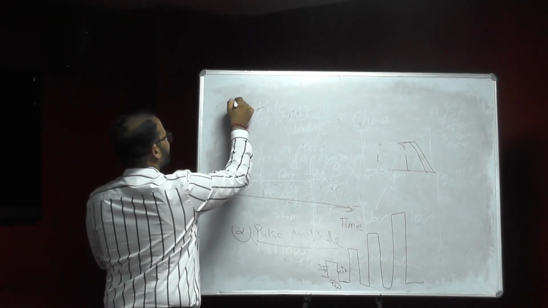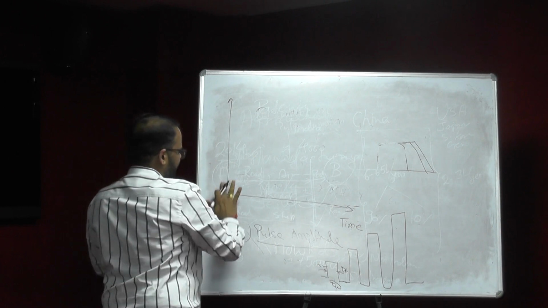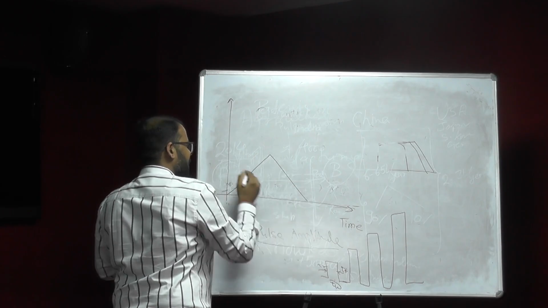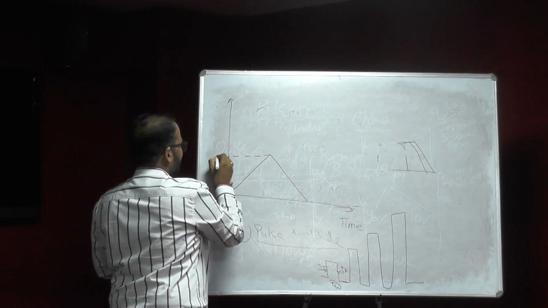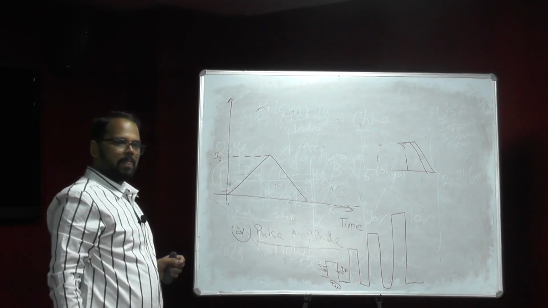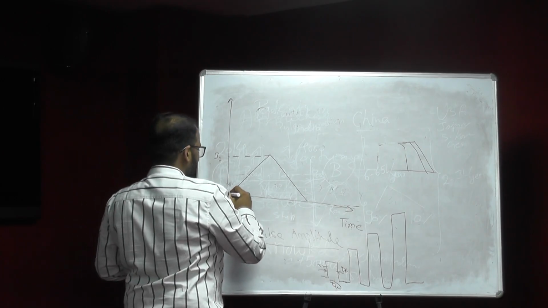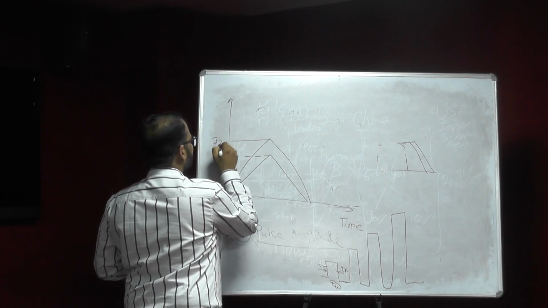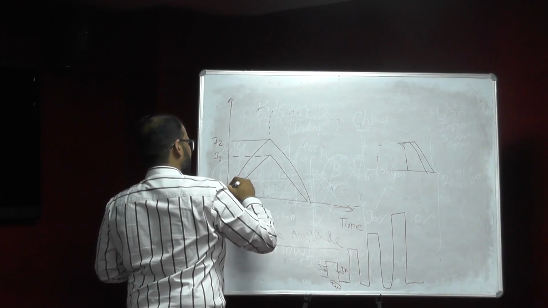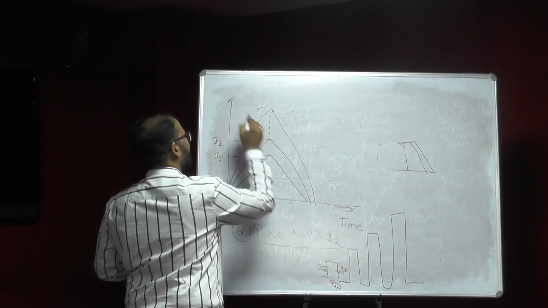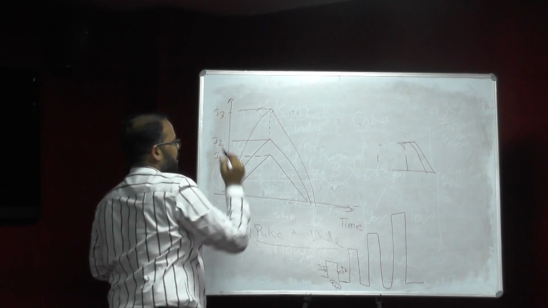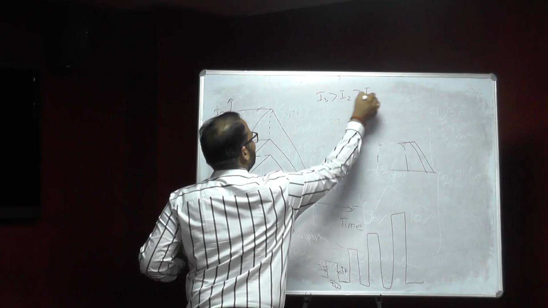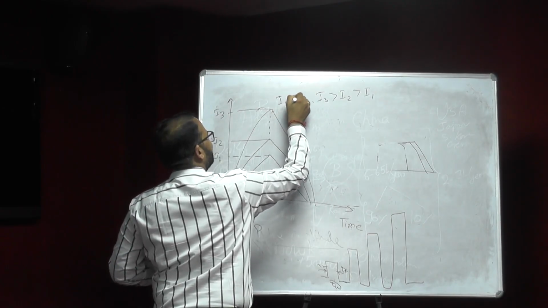Here you have this kind of pulse, which has amplitude I1, and then this is I2, and then subsequently you have increased this one, this is I3, and so on up to IN in this way.